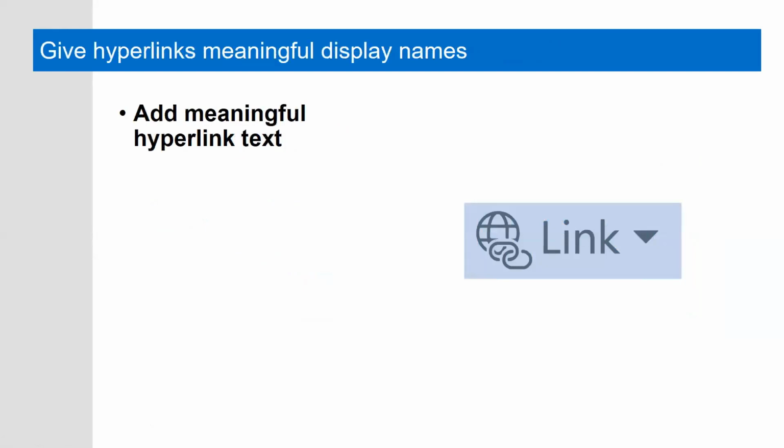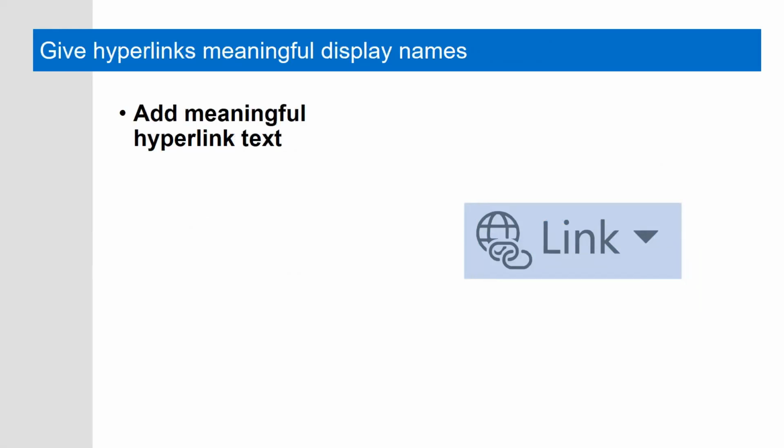In addition to providing alt text for your images or other visual content, the next key practice is to give hyperlinks meaningful display names. Whether they appear in a Word document, a PowerPoint presentation, or an Excel spreadsheet, you want to make sure links make sense out of context by avoiding phrases like "click here" and "more" as link text.